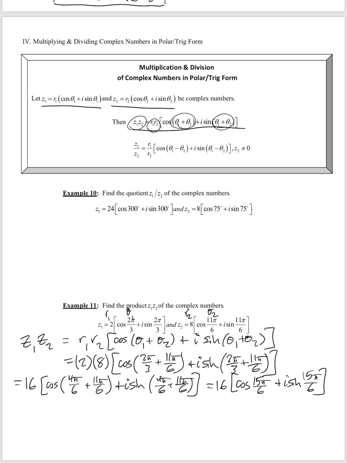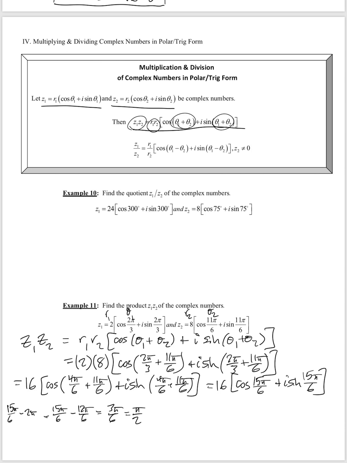And 15 pi over 6, let's find a coterminal angle that actually makes sense to us. So 15 pi over 6, subtract 2 pi from that. That means I'm subtracting 12 pi over 6, for 3 pi over 6, which reduces to pi over 2.